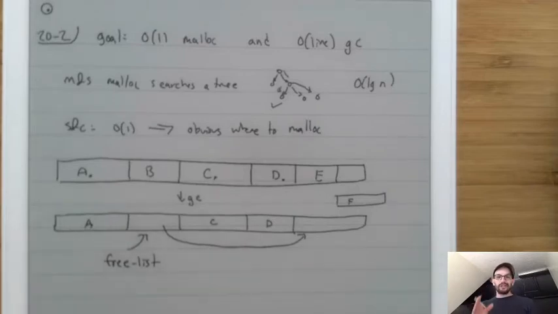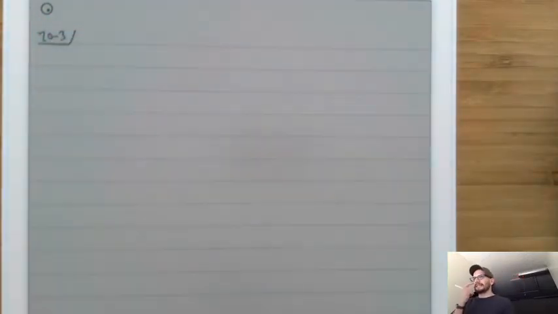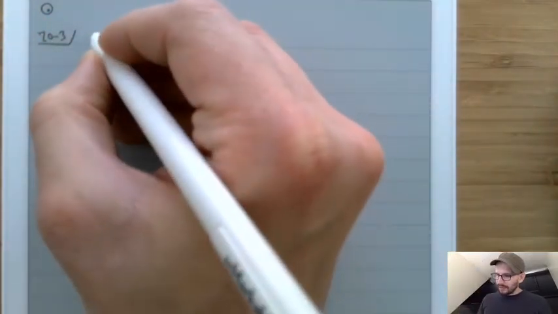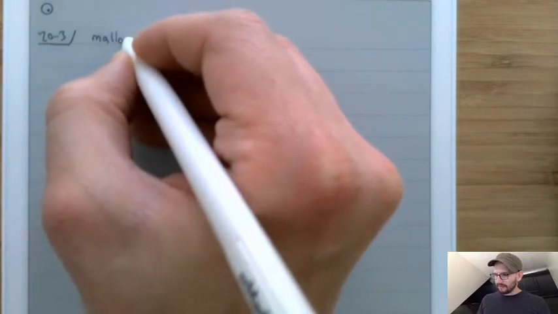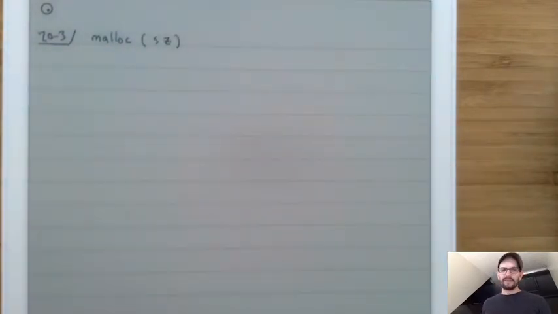It has to always know exactly where the next spot is going to be. And because it has to know exactly what the next spot is going to be, that means that its malloc basically can only be implemented like this. So malloc is going to take a size, okay?